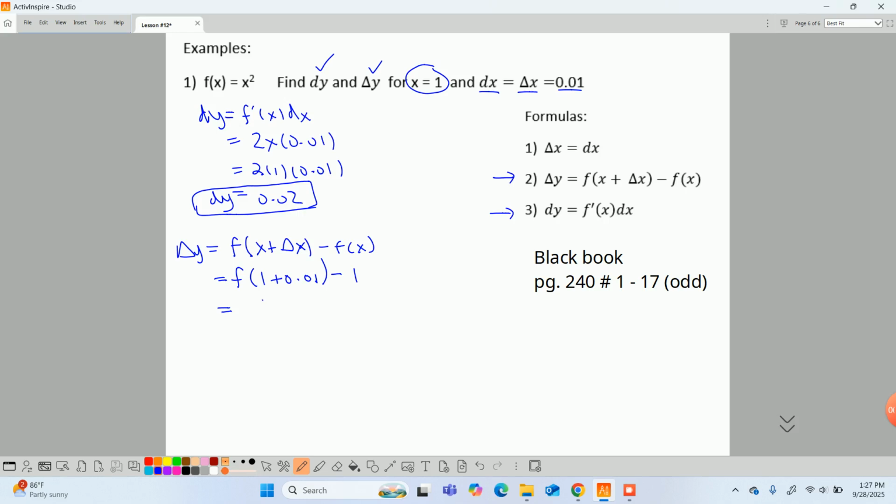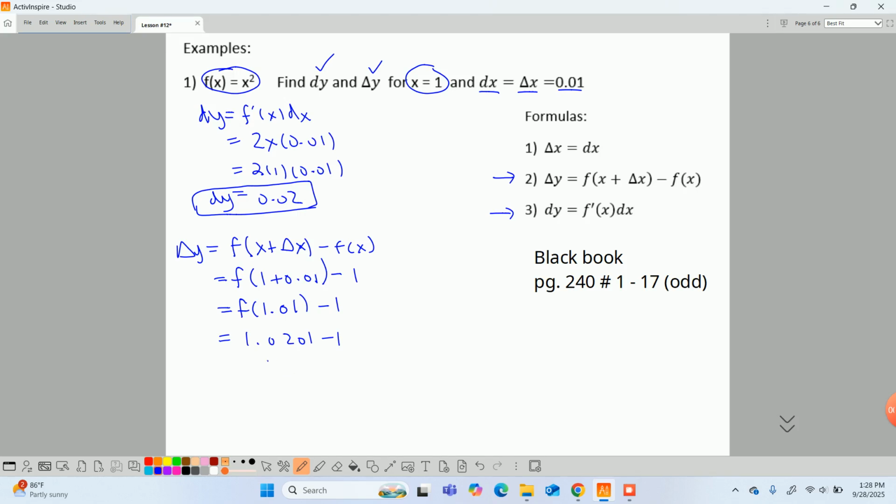Let's do the math here. We add these two values together, so we get f of 1.01, and then minus 1. Since this is evaluating into the f function, I'm going to plug 1.01 into the f of x function up at the top. If I do 1.01 and square it, that gives me 1.0201, and then minus 1.